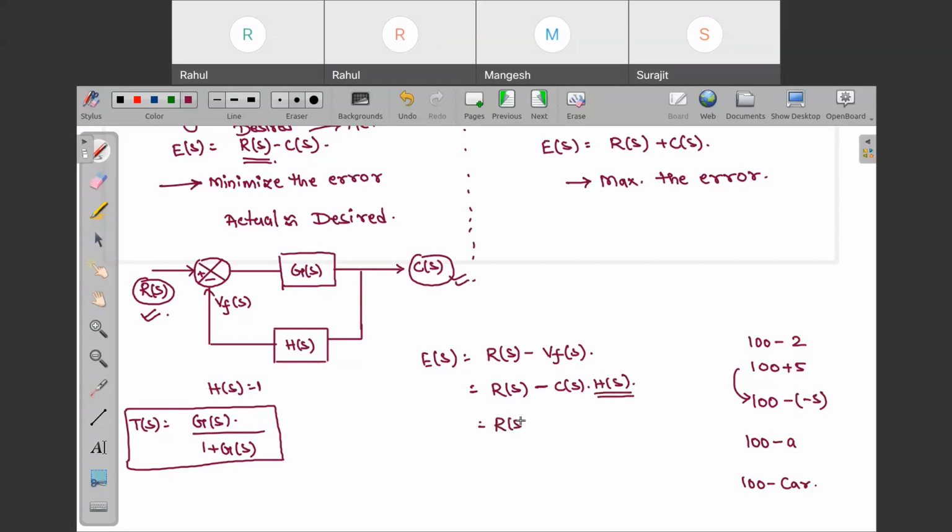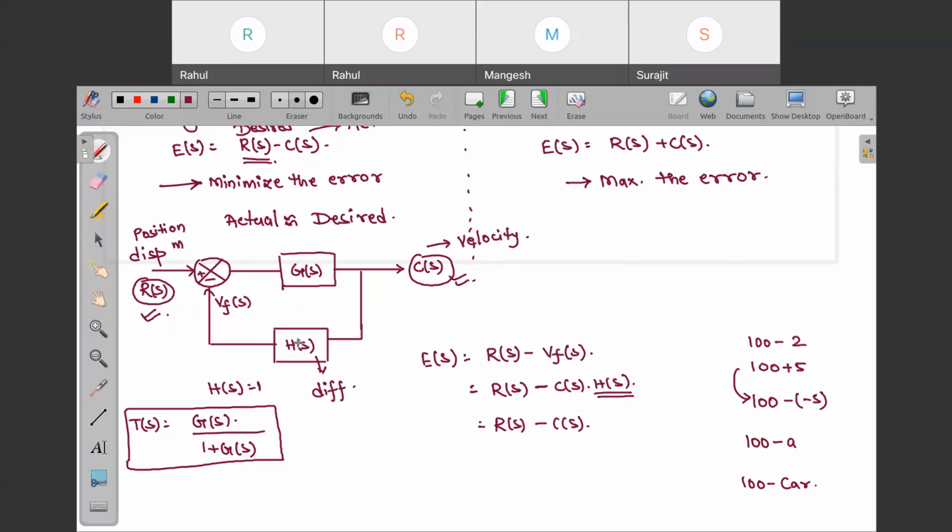Then you can write Rs minus Cs. But suppose here you have displacement or position, which is in meters, and here you have velocity in your output. You can never subtract position with velocity. So then what you need to have over here is a differentiator, so that when this velocity is differentiated, you get a unit of displacement or position.